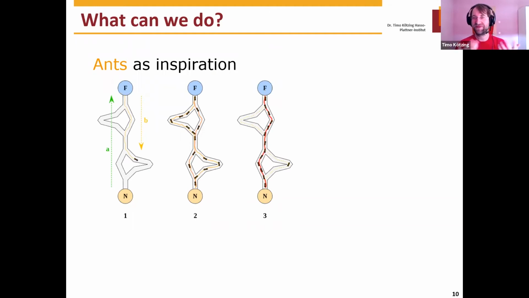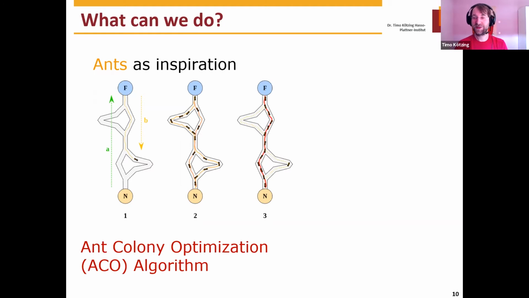Computer scientists have taken inspiration from these ants, termed it ant colony optimization algorithms, and actually developed some algorithms that do quite well on a number of problems, for example where you need to find things like paths, but it's also been translated into various other settings.